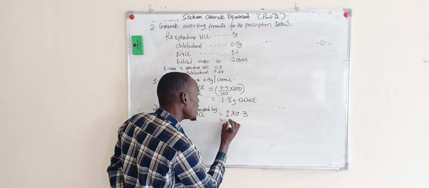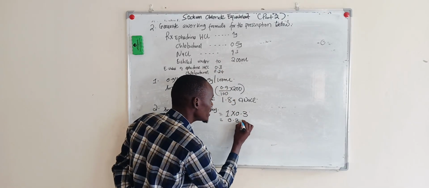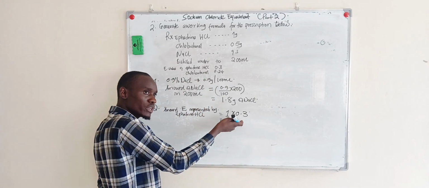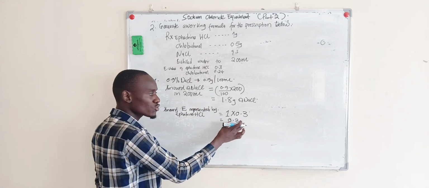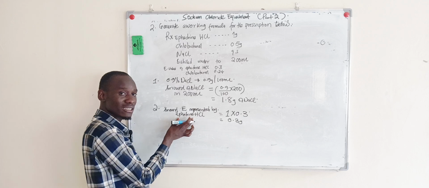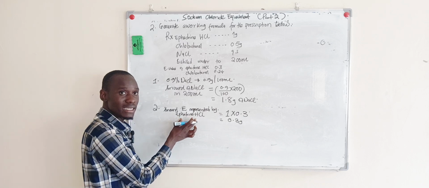And when we multiply this, we shall get 0.3 grams of sodium chloride as being the sodium chloride equivalent represented by ephedrine hydrochloride in this case.